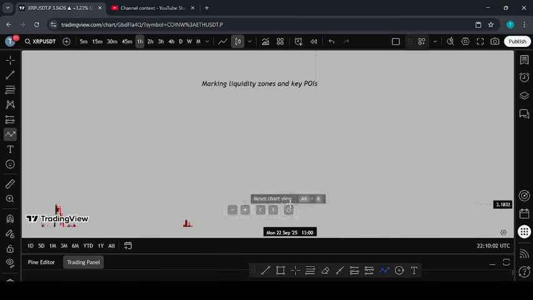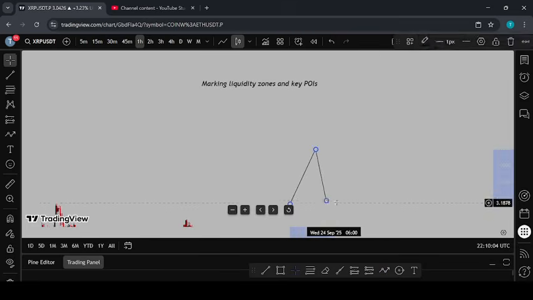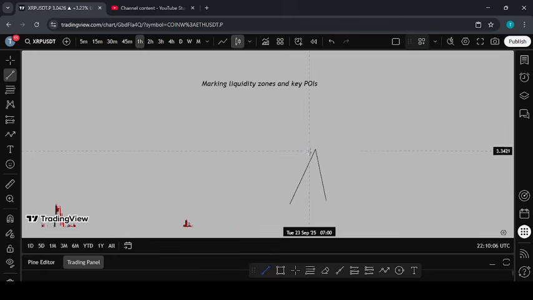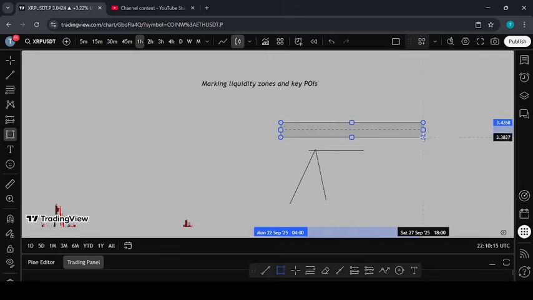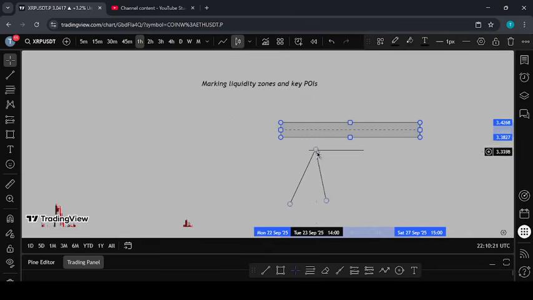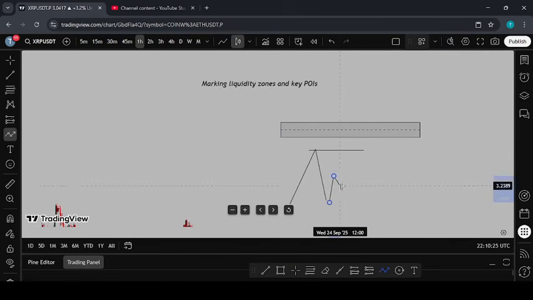So if there's a form of liquidity here and you know that price will take this liquidity, you now also need to identify another region which is your valid point of interest, where you know that if price takes a particular liquidity, price would want to reverse from this area.